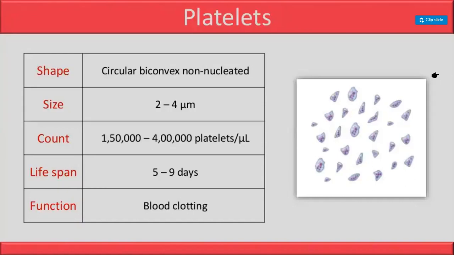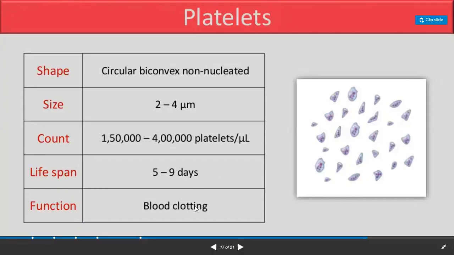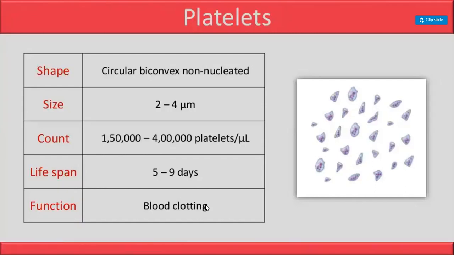So the function of the platelets is blood clotting. Your blood is able to clot thanks to platelets. Without platelets, we would all bleed from little injuries and eventually die, due to excessive loss of blood.